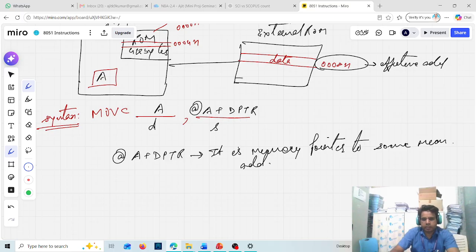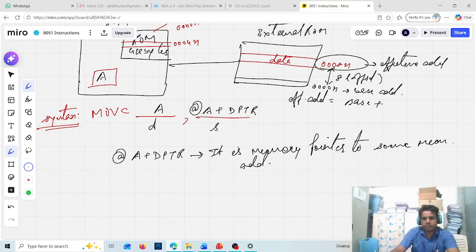You will get this effective address by adding the base address. Let's say this is the starting address 000H. This is called the base address. You can see 008 is located at a separation of 8, which is called the offset. So the effective address equals base address plus offset value.